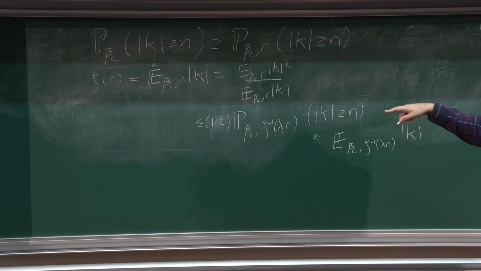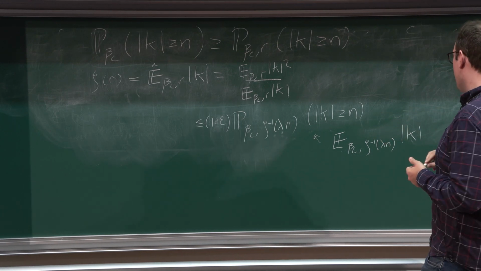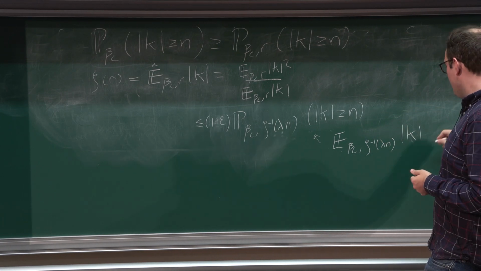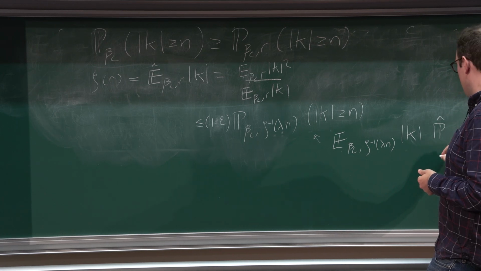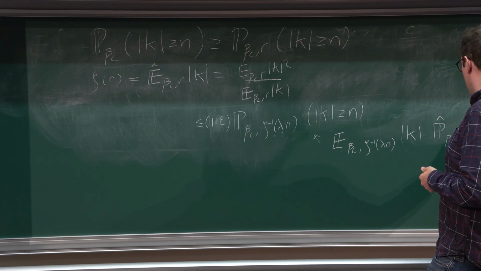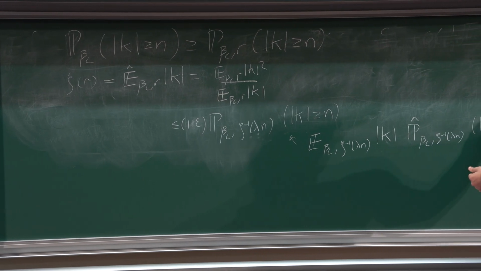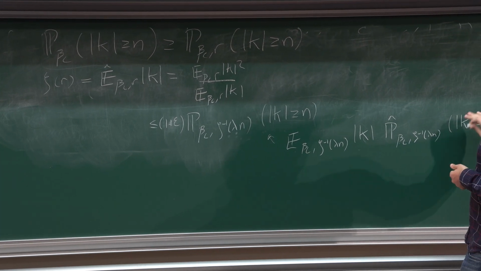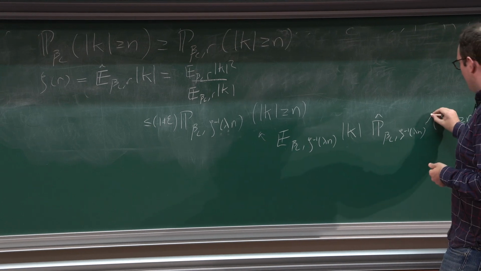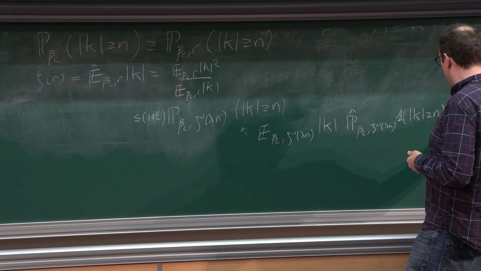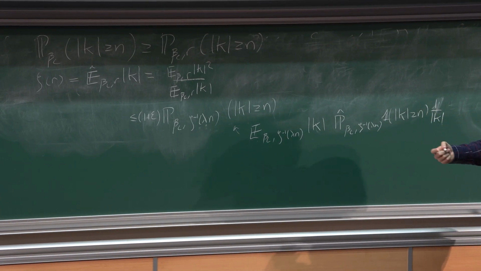But if we assume this works, then we're good. I get the expectation times the size biased distribution, indicator of this divided by 1 over k, right? Because I have to undo the size biasing.